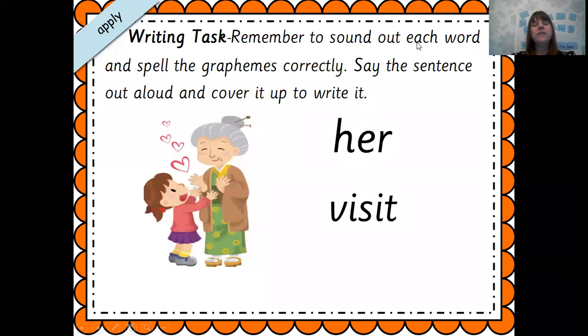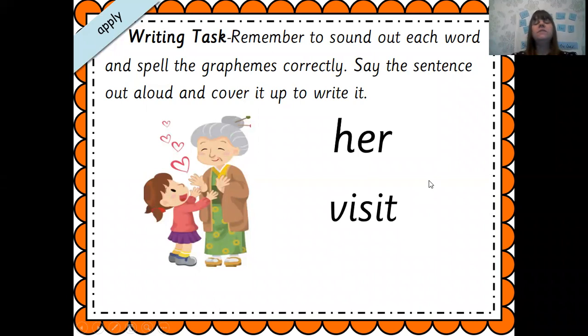So your final sentence is going to be done with your adult or with the teacher in the classroom. I've given you 2 clues here as to what this sentence might read. It's got our new tricky word, her, and also there's a longer word here, a 2-syllable word. So let's split it in half. Vis, it, visit.